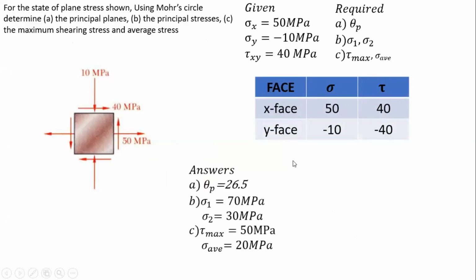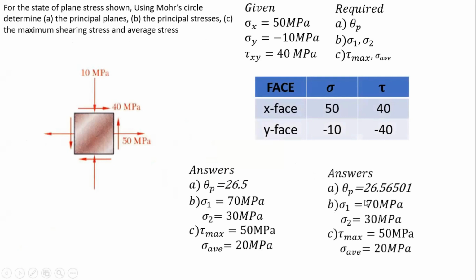So ito yung answers dito, yung 26.5, 70, 30 megapascal, 50 megapascal, and 20 megapascal, ito yung nasa Mohr circle natin. And ito namang sagot na nandito sa kabila is ito yung sagot using equation method. Kung makikita natin, parehas yung nakuha nating sigma 1 and sigma 2, tau max and average stress.